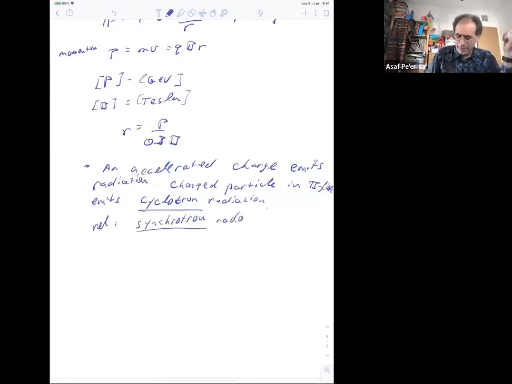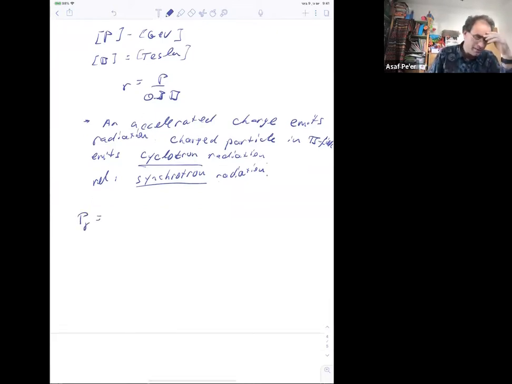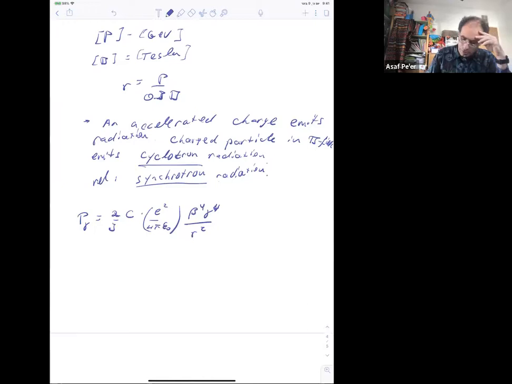I'm just going to tell you that the total power radiated by a charged relativistic particle, in regular units, the total power P gamma is just 2/3 c times a constant e squared over 4 pi epsilon 0 for the SI units, and then beta to the 4 gamma to the 4 divided by R squared, or 2/3 c alpha, the fine structure constant, h bar c, beta to the 4 gamma to the 4 divided by R squared.